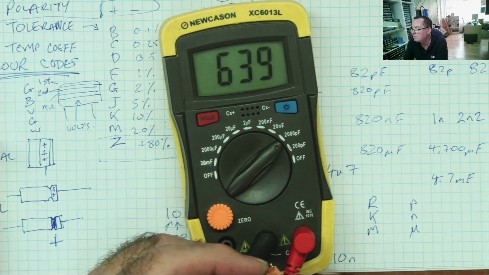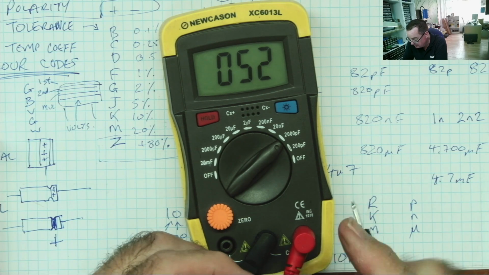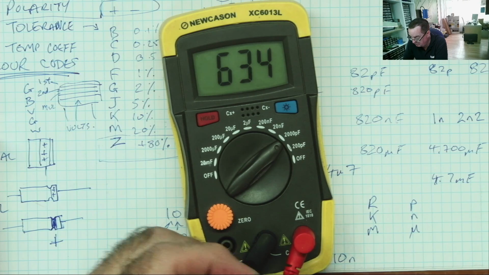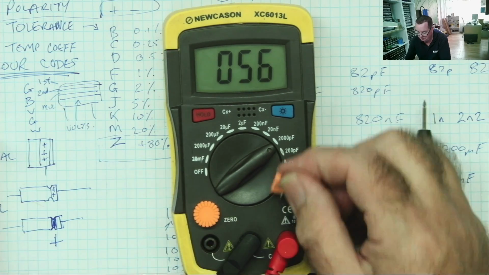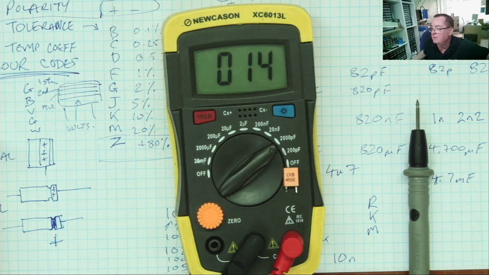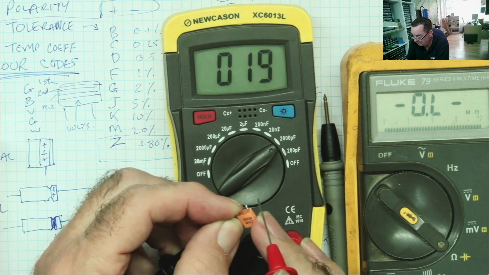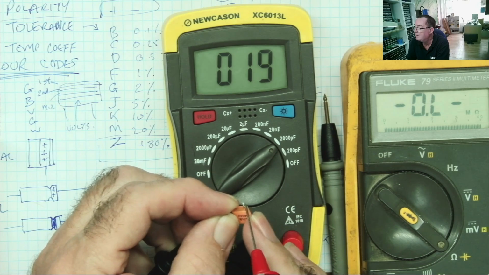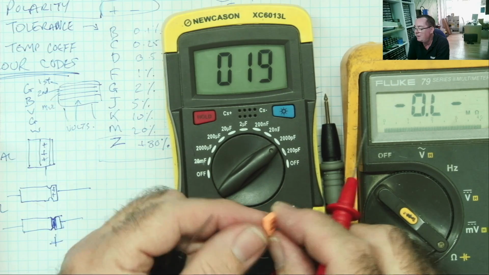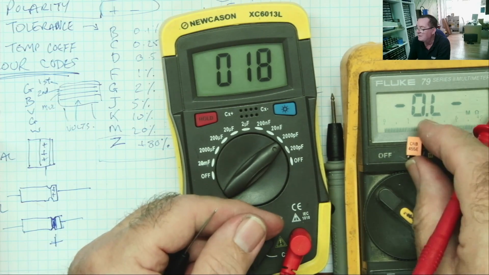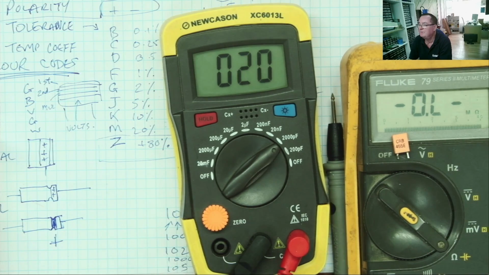It reads 639 picofarads. Okay, so it sort of reads like a capacitor. Take the multimeter. Reads open circuit. So yeah, that reads like a capacitor. So there's a mystery one for you guys then. What do the markings on that one mean?